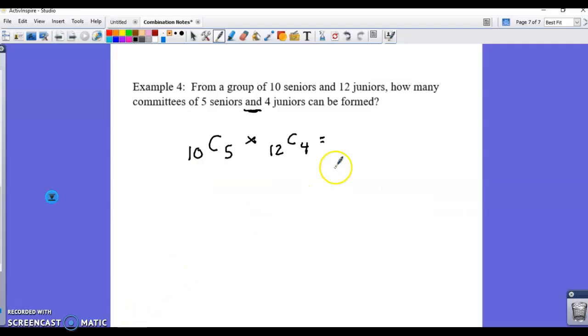Let me turn on my calculator. 10 choose 5 was 252 times 12 choose 4, 495. So there are 124,740 different ways to get groups that would have 5 seniors and 4 juniors.